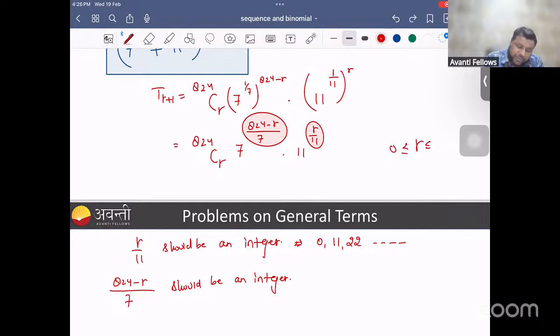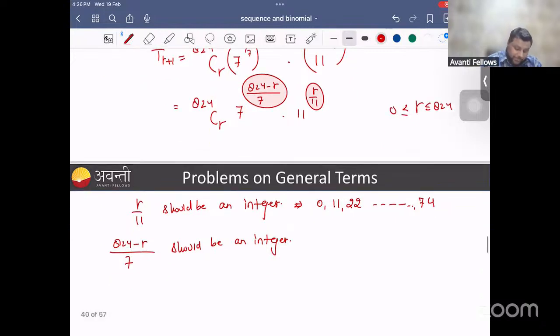If I divide by 11, 11 times 74 is 814. This will go up to this point only. So there are basically total 75 values of r for which r by 11 is an integer, including 0, 11, 22 and so on. Now you have to consider this also as an integer.